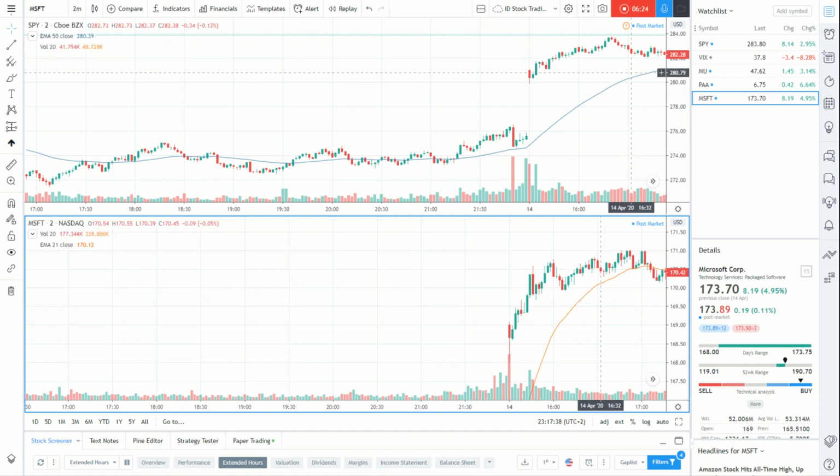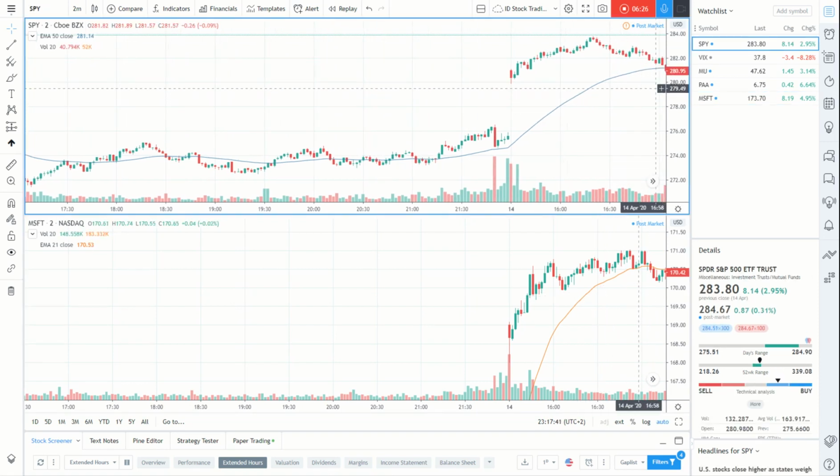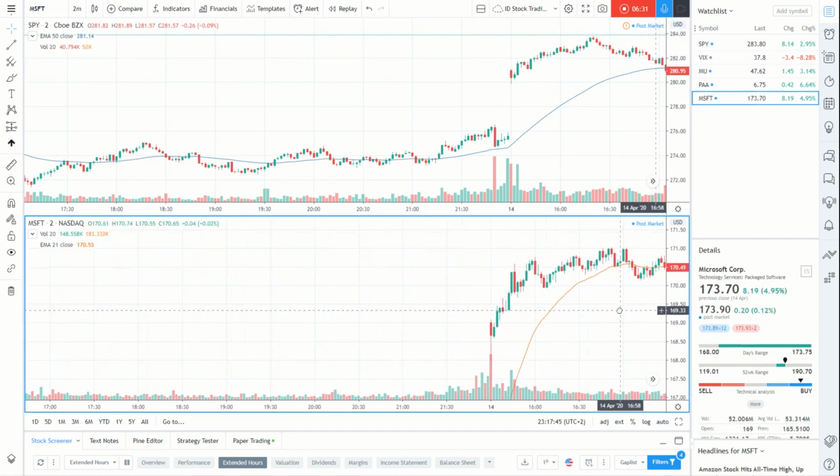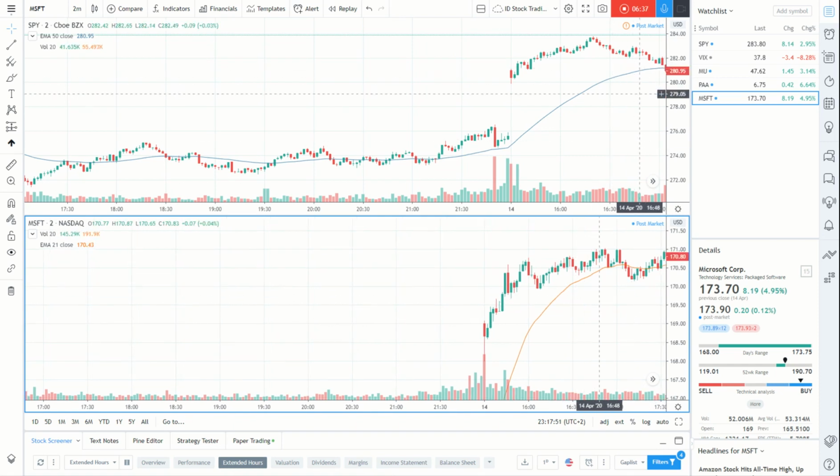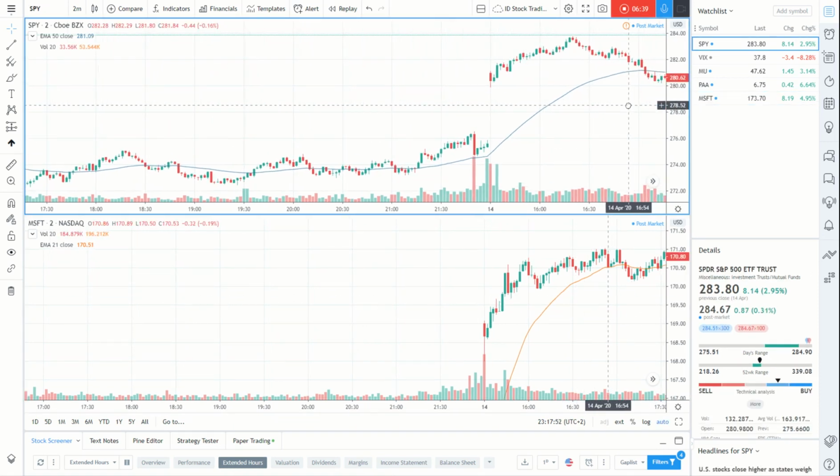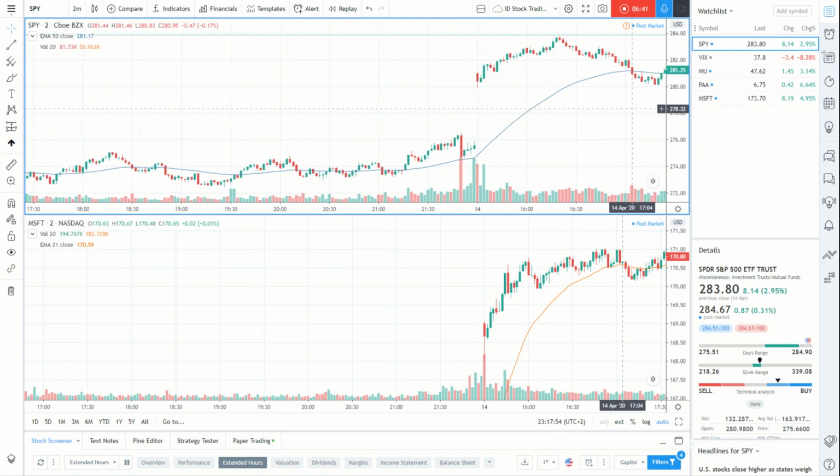So as the market went lower and lower and Microsoft was still holding, I was thinking to go long again when the market at least started consolidating, and if not straight up going higher.